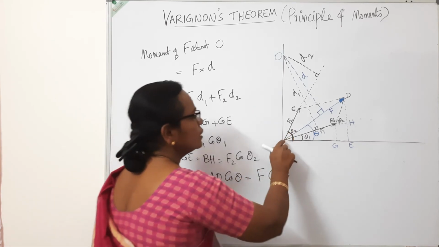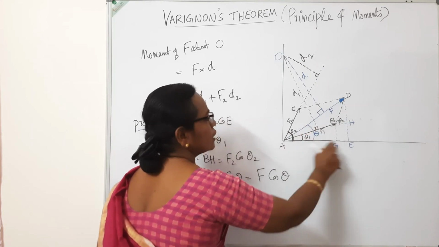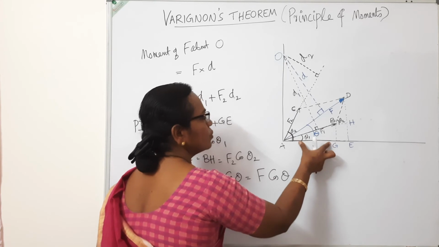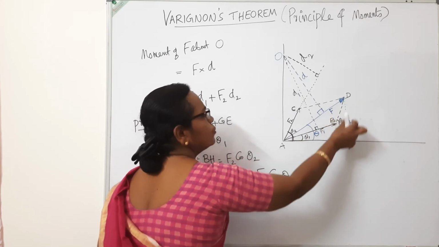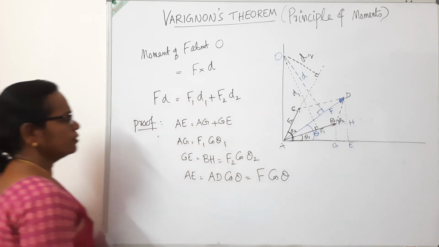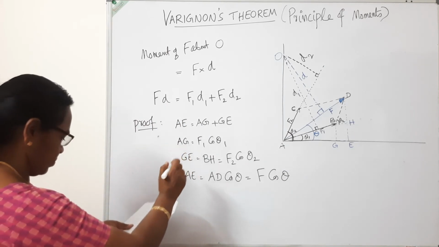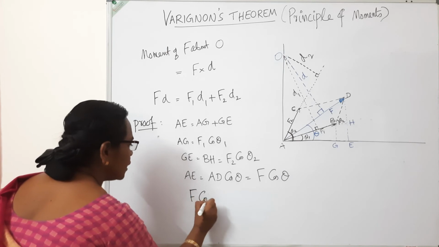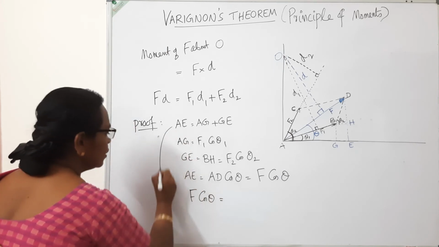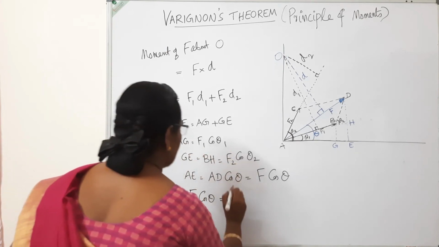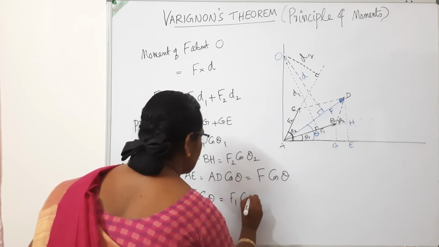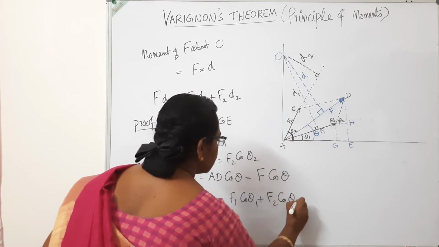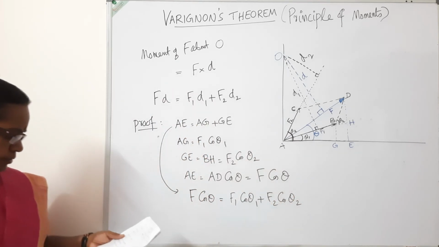This I have resolved. F cos theta is the horizontal component, F1 cos theta 1 the horizontal component of F1, and F2 cos theta 2 the horizontal component of F2. So I can write F cos theta is equal to F1 cos theta 1 plus F2 cos theta 2.